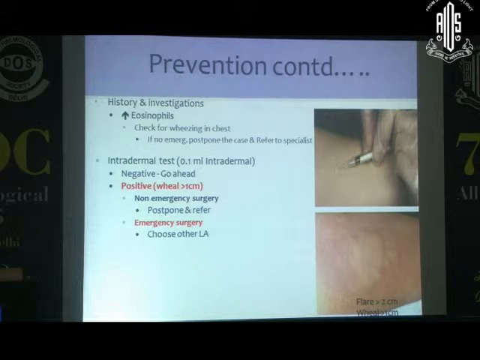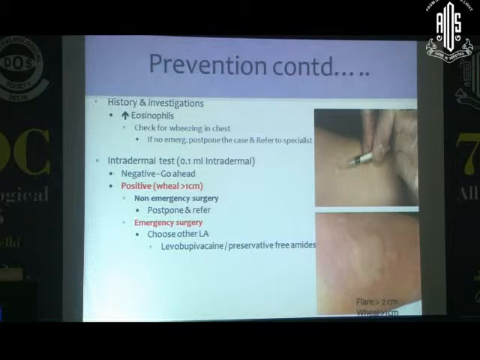My whole talk is concentrating on these two things. First, choose other local anesthetics. The safest, as I have already discussed, are the amide group of local anesthetics. There is no cross sensitivity. So levobupivacaine and preservative-free amides you should choose.